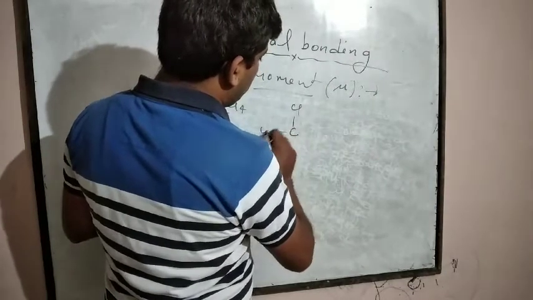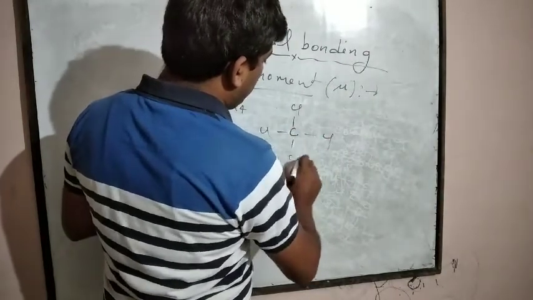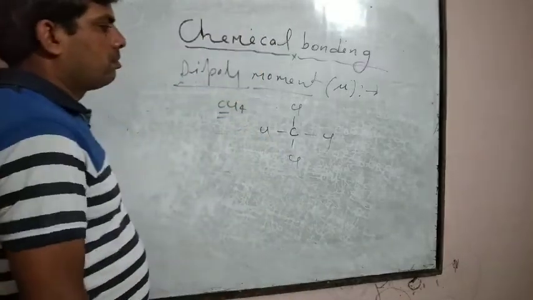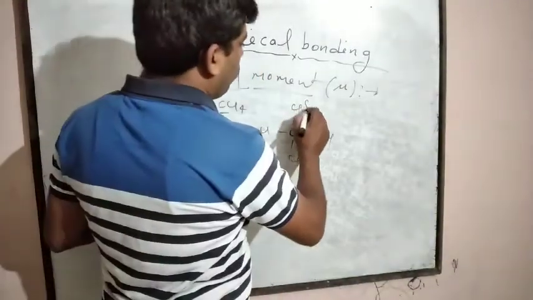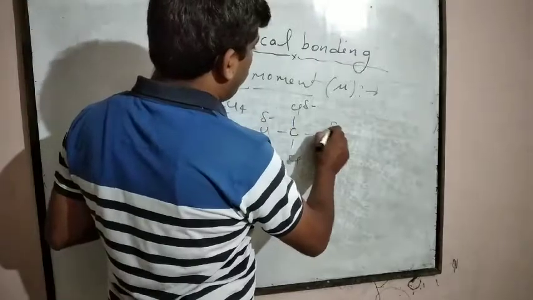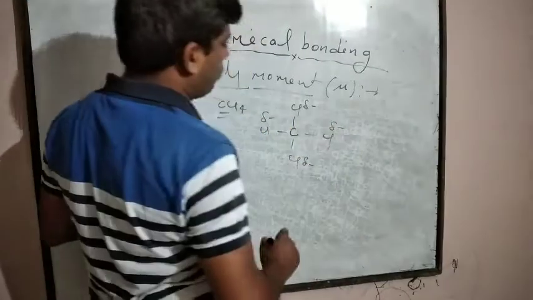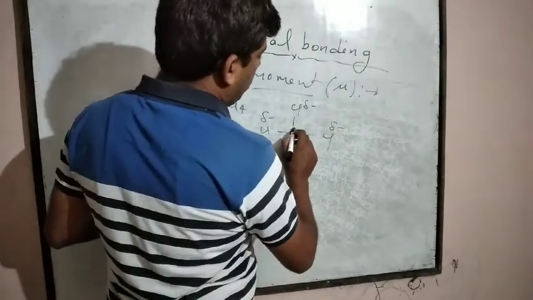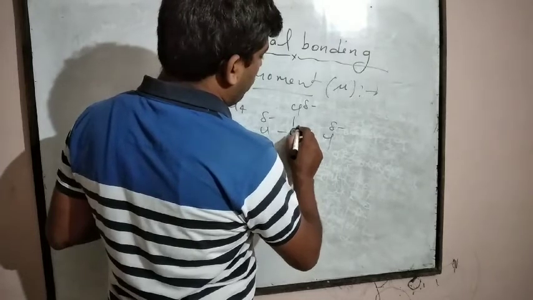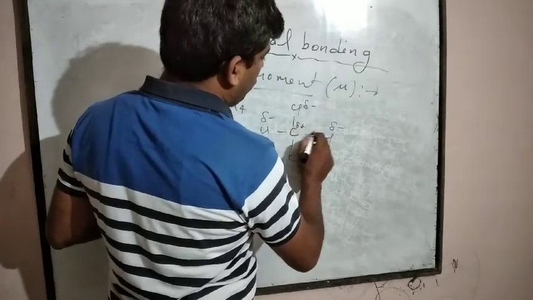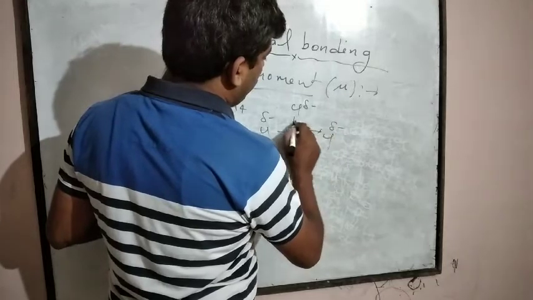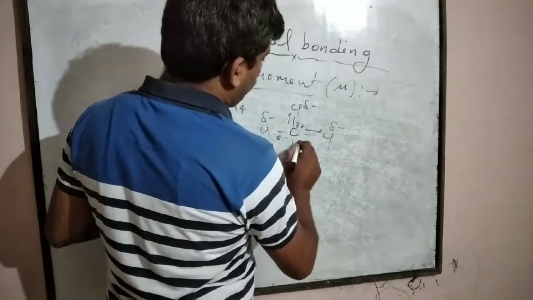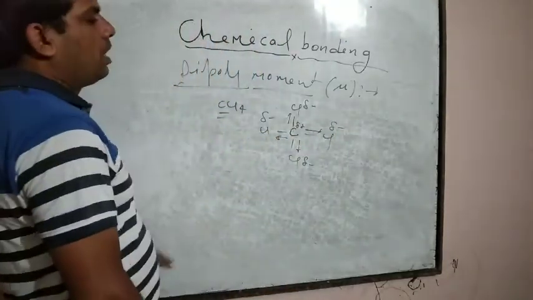Chlorine is more electronegative. Then the direction of dipole is from positive to negative. The carbon is positive and chlorine is negative. Positive to negative, positive to negative, positive to negative.